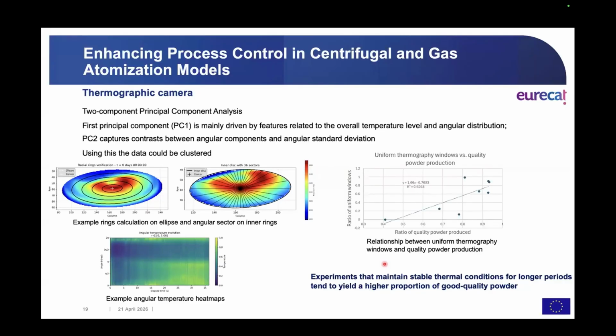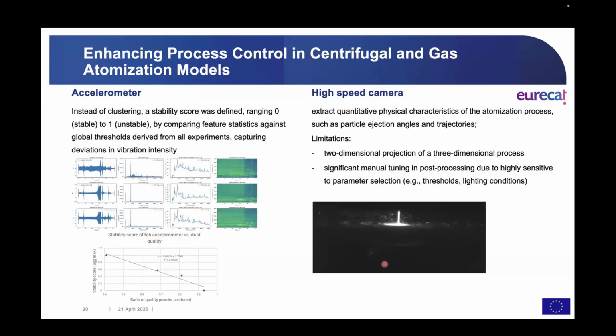The same thing can be done for the other sensors in different manners, and also for the high speed camera, which can be more problematic because it's a two-dimensional projection of a three-dimensional process. So detecting the trajectory is harder, and it's also very sensitive to processing.